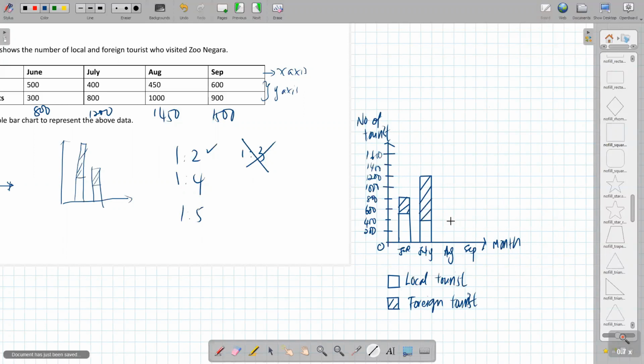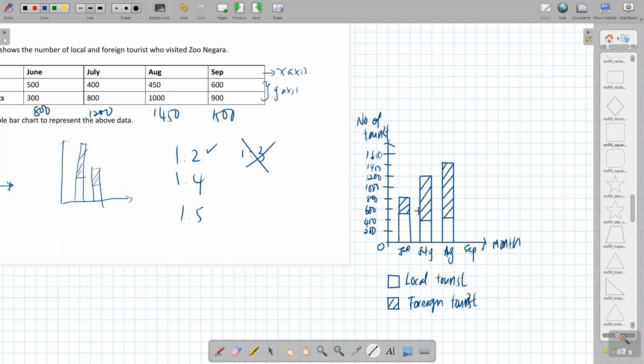Then next August, total is 1,450. We put up to here. And then we have 450, so just a little bit here. The rest, then we need to shade.